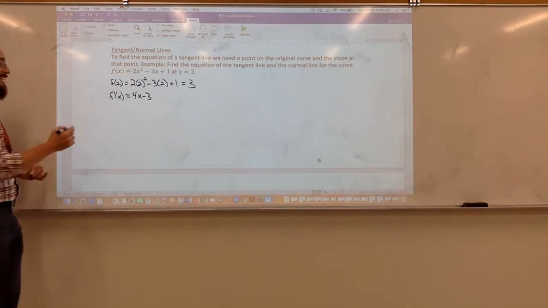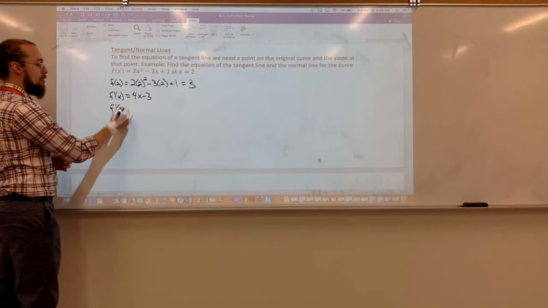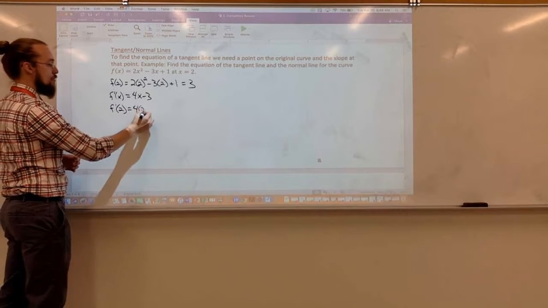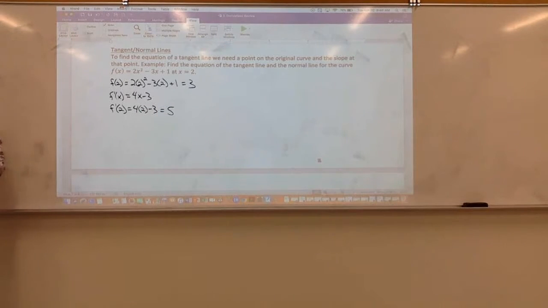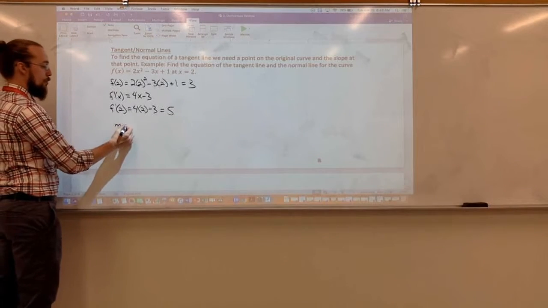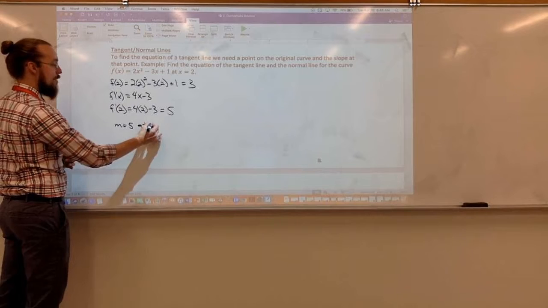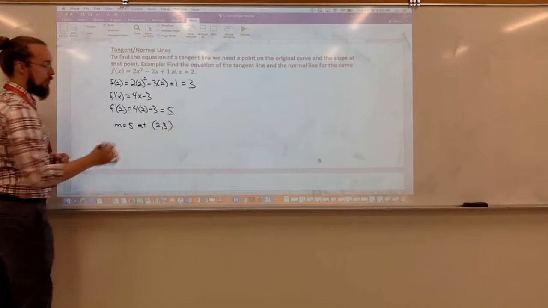Then plugging in 2 for x, f prime of 2 is 4 times 2 minus 3, which is 5. So now I have all the information I need. I have that my slope is 5 at the point (2, 3).